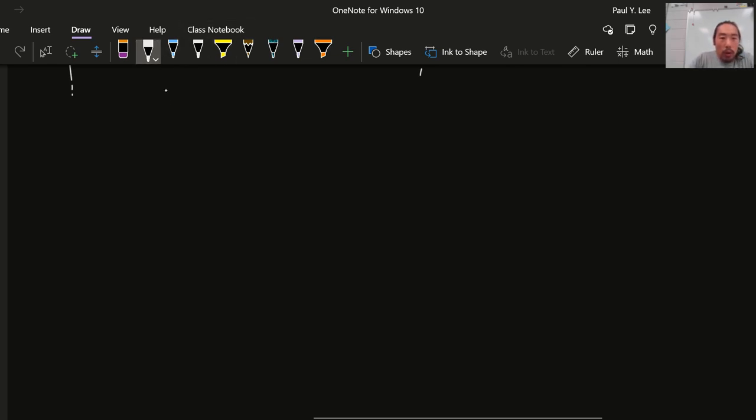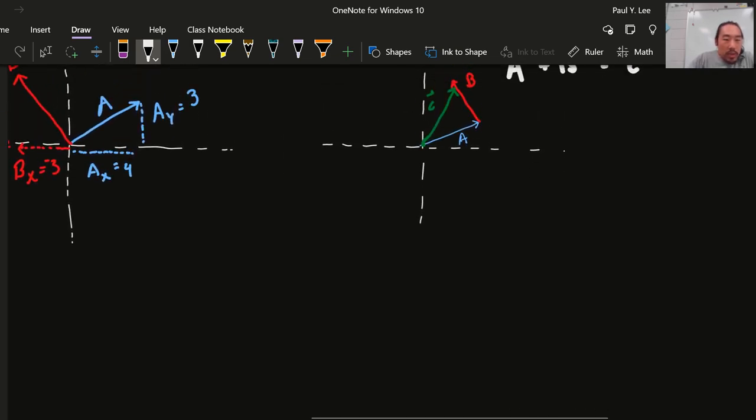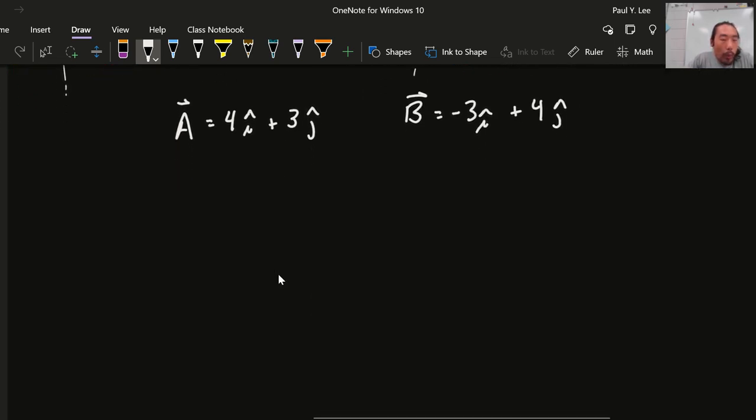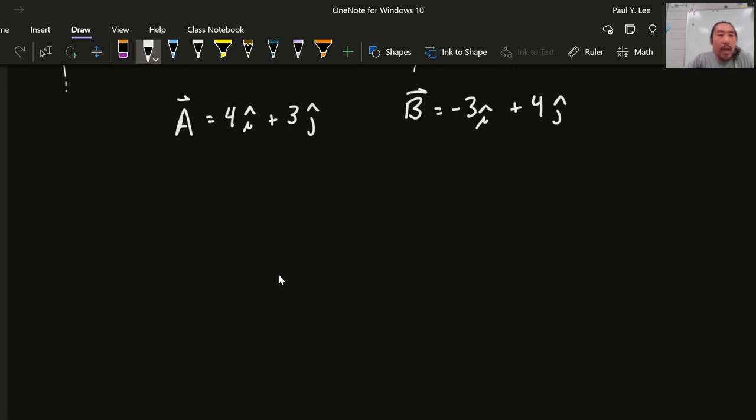So we know, let's break apart vector A. We said vector A is 4 i hat plus 3 j hat, and we said that vector B, if we take a look over here, is equal to negative 3 i hat plus 4 j hat. So if we were to add these two vectors, what we have to do is just add all of the x components, or the i hats, and we have to add up all of the y components, or all of the j hats.